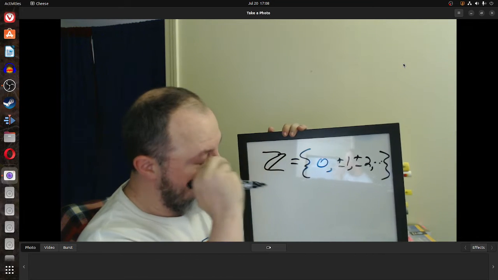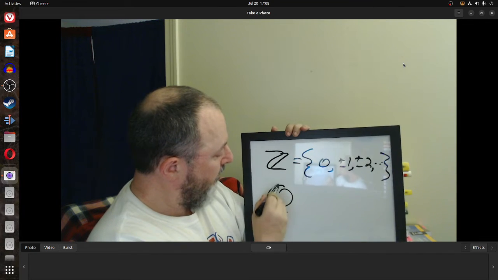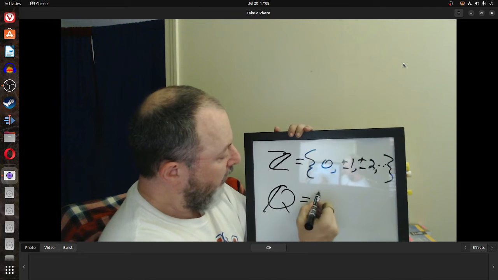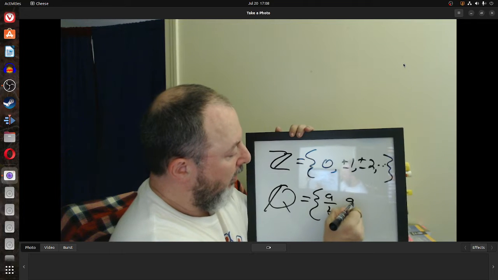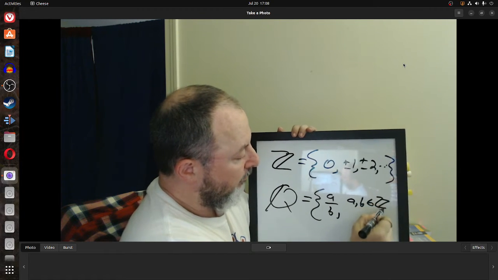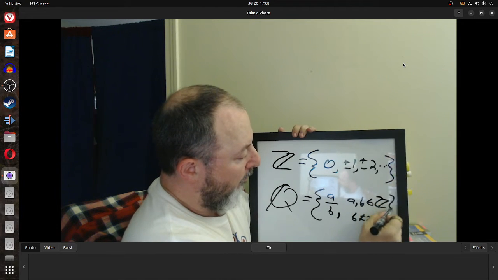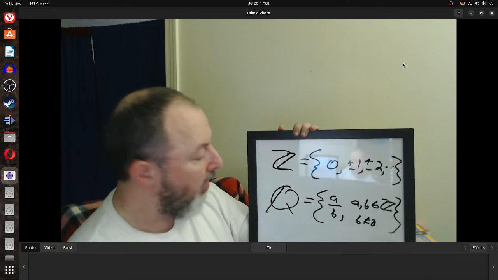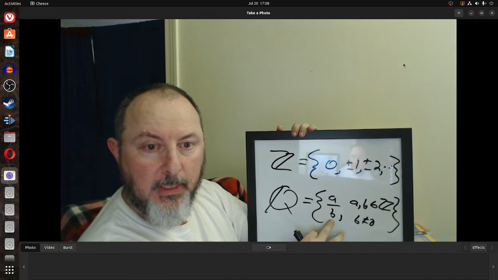Now you can take quotients of the integers to make the rational numbers. The rational numbers are of the form A over B, where A and B are integers, but B cannot be 0. These are decimals that either terminate or repeat.